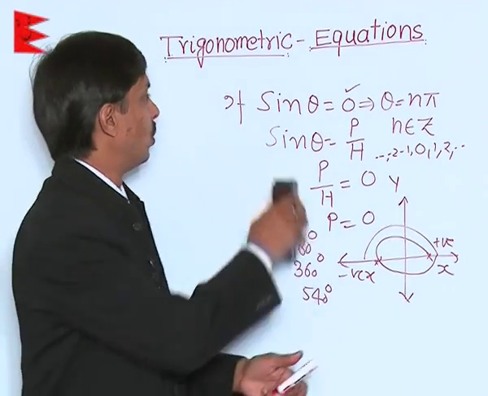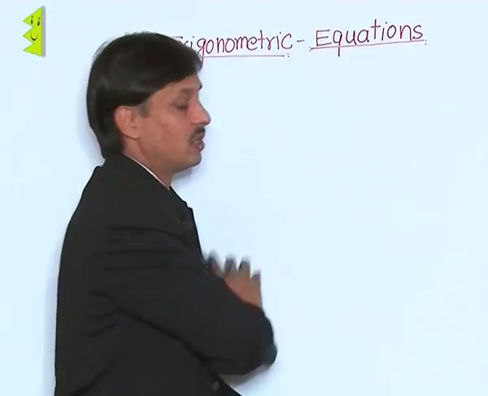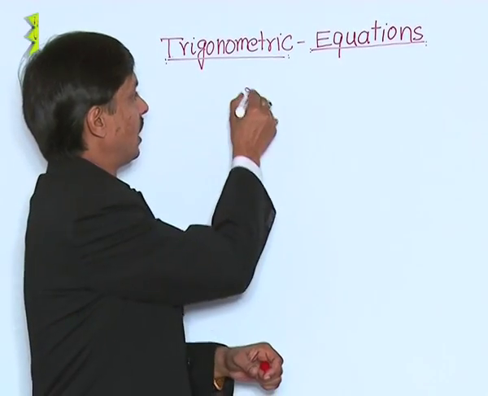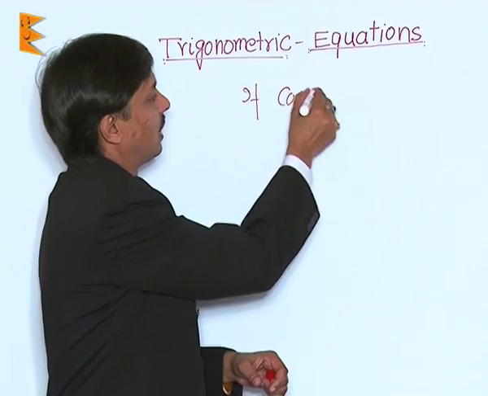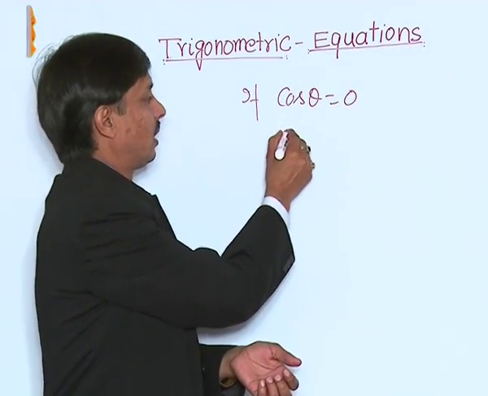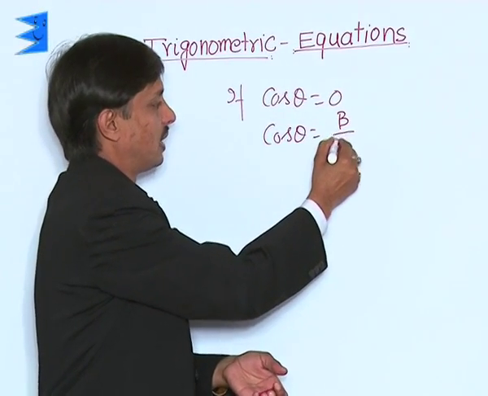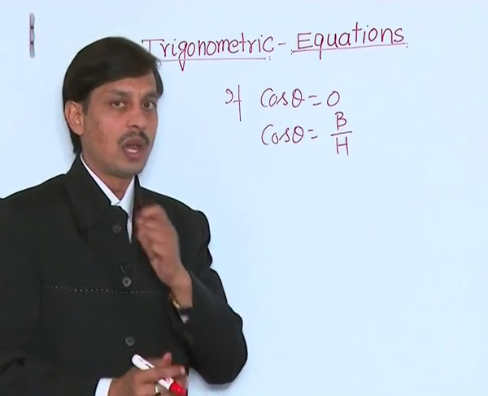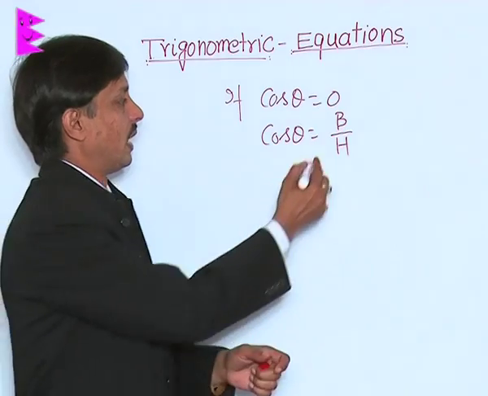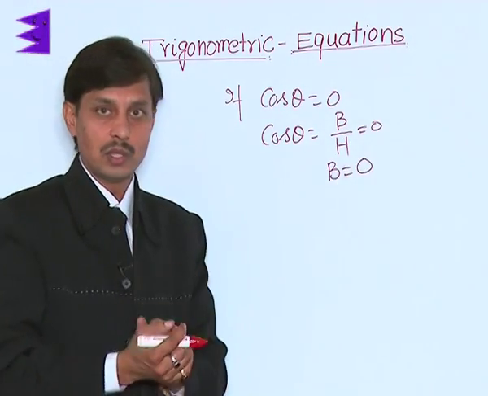Now I want to tell you what happens if in place of sin theta 0, we take the value cos theta as 0. The question is, if cos theta is equal to 0, we say that cos theta is taken as the ratio of base, that is the adjacent side, upon hypotenuse, that is the longest side. If this is 0, it means the base is 0.